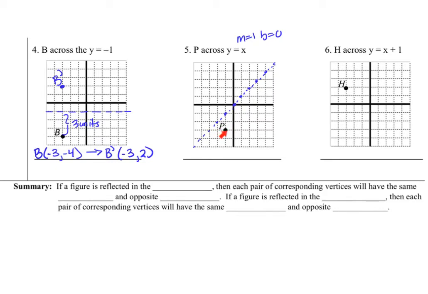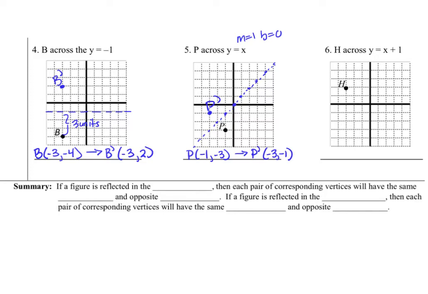Point P is 1 away from the line, so P prime is also going to be 1 away. When I state my answer, I need to state where the original point was and where the image was. Point P is at -1, -3, and the image of P is at -3, -1.